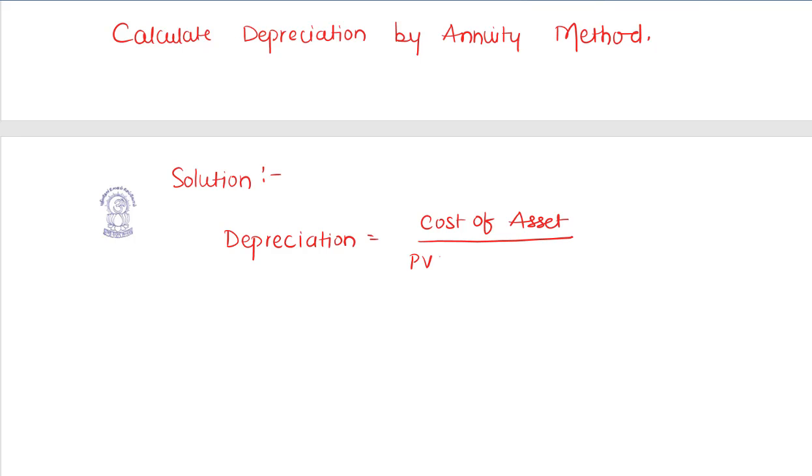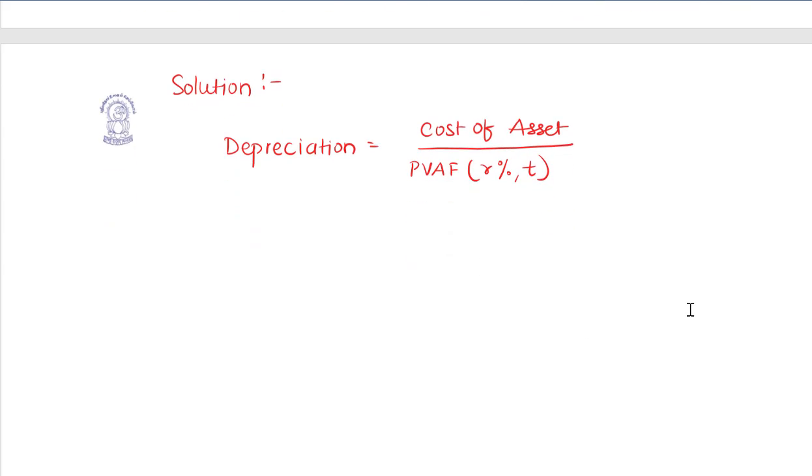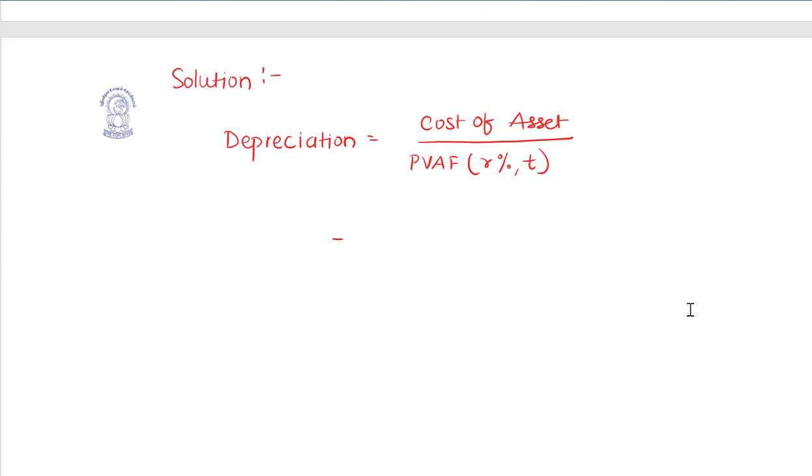Okay, let's try to solve it. Solution. Depreciation equals cost of asset divided by PVAF, R percentage, T. Over here in this question, the cost of asset given is 4 lakhs.